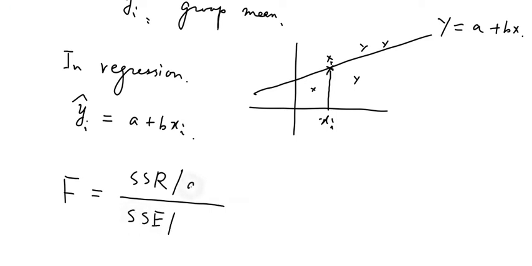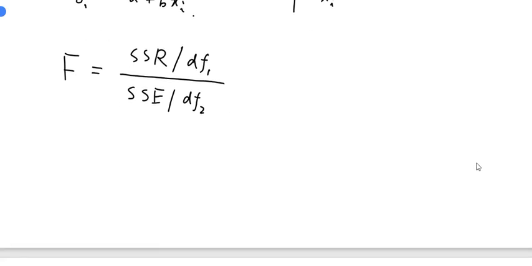Then we check their degrees of freedom, right? We call this the F value. Then we will check the F table, with the degree of freedom in the numerator and the degree of freedom in the denominator. Okay. So let's say this is the F value or F table.